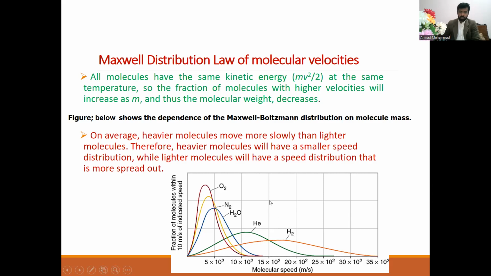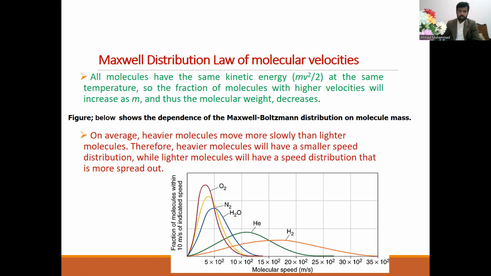So in conclusion, we can say that if the gas molecule has a heavier mass, then its spread distribution is smaller.